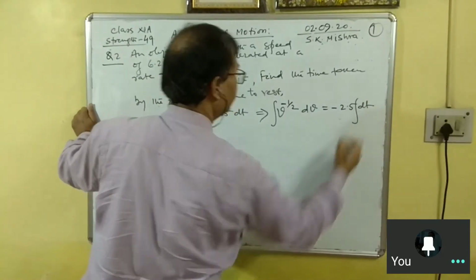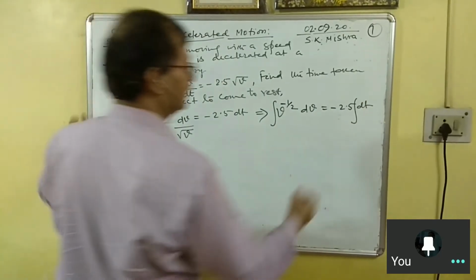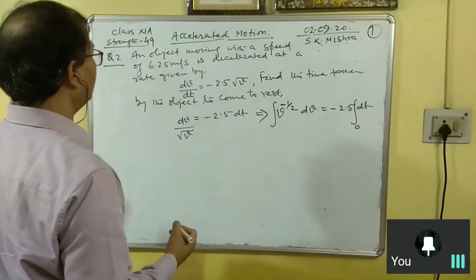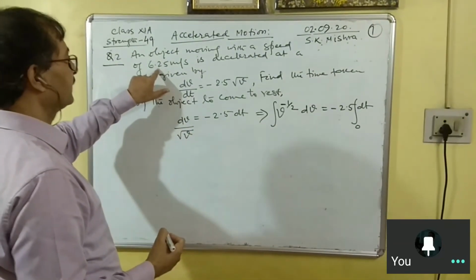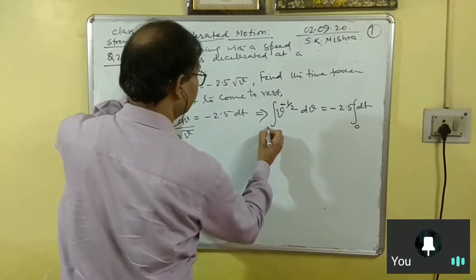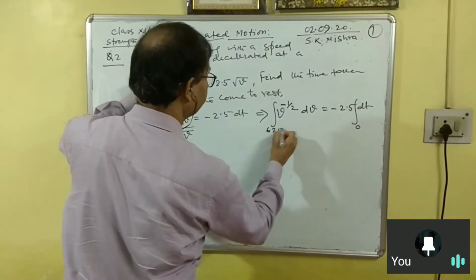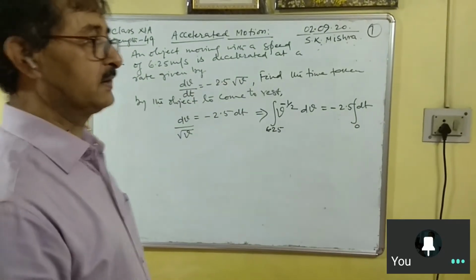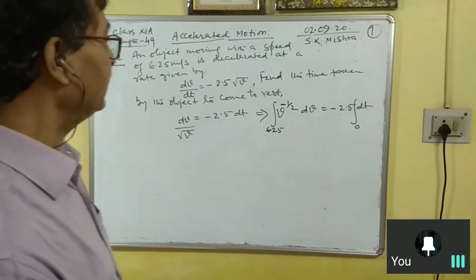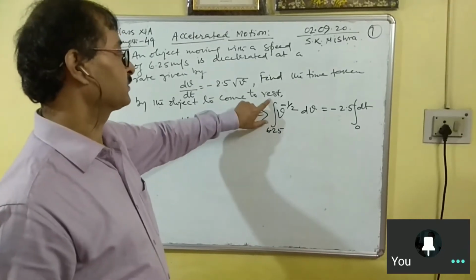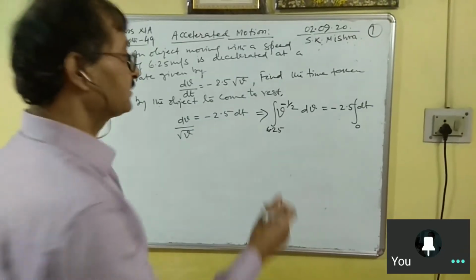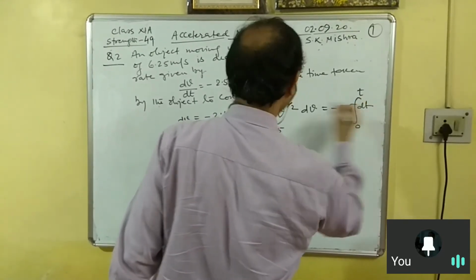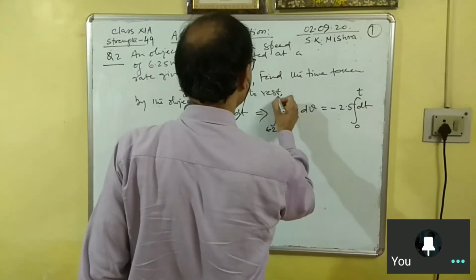Just integrate it, integrating both sides, with the limit from t equal to 0. So at t is equal to 0, what was its speed? The initial speed is 6.25. Now suppose after a time interval t, its velocity becomes 0.